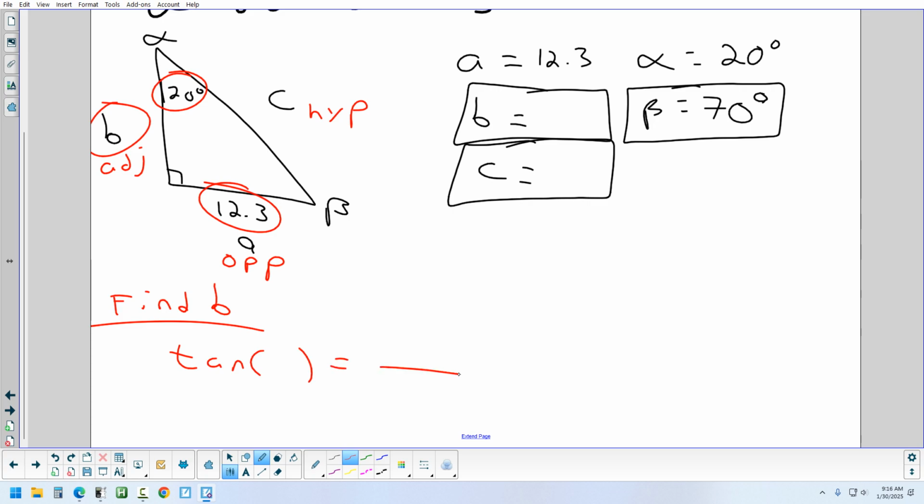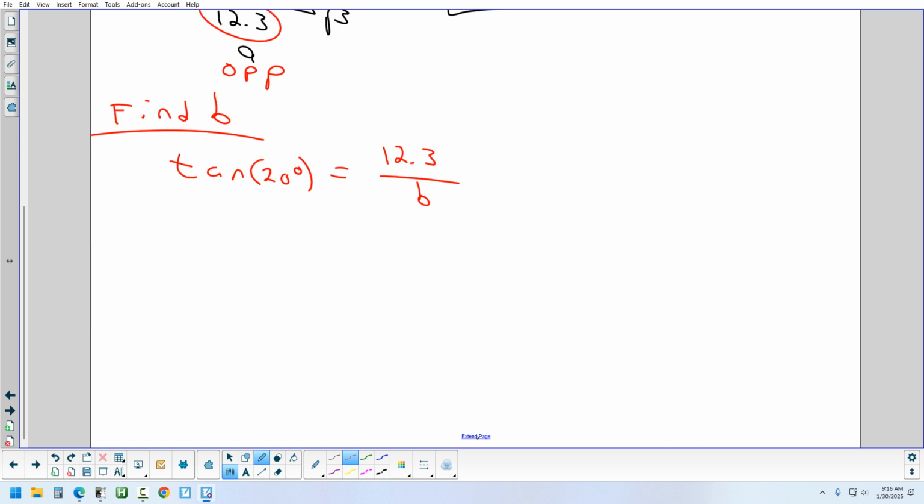So the tangent of my angle equals opposite over adjacent. 12.3 over B. Now, I'm going to show you what ends up happening here when you have a letter in the bottom. I'll do it out this time, but then from now on, we're going to use a shortcut.